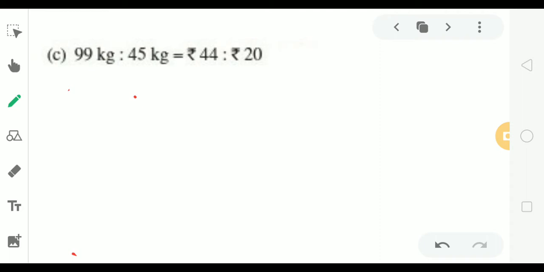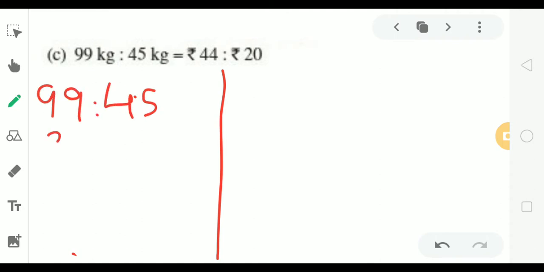The next one, 99 kilogram is to 45 kilogram is equal to 44 rupees is to 20 rupees. Let us take ratio by ratio. The first ratio is 99 kilogram is to 45 kilogram. We write it as the fraction 99 upon 45.